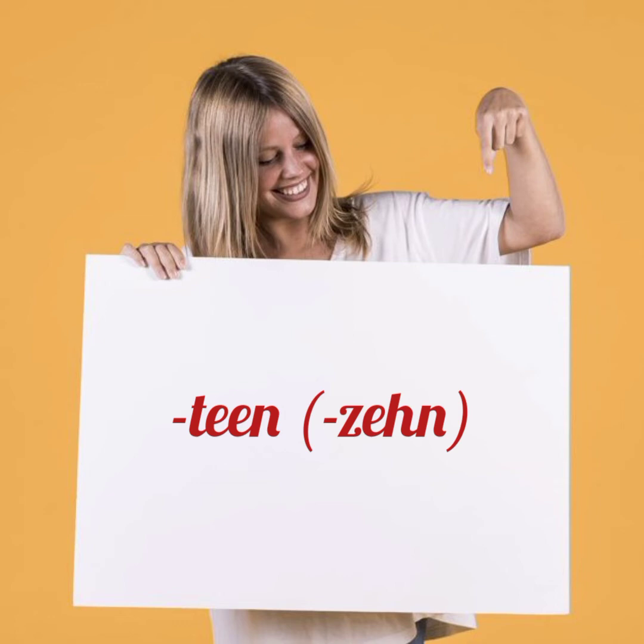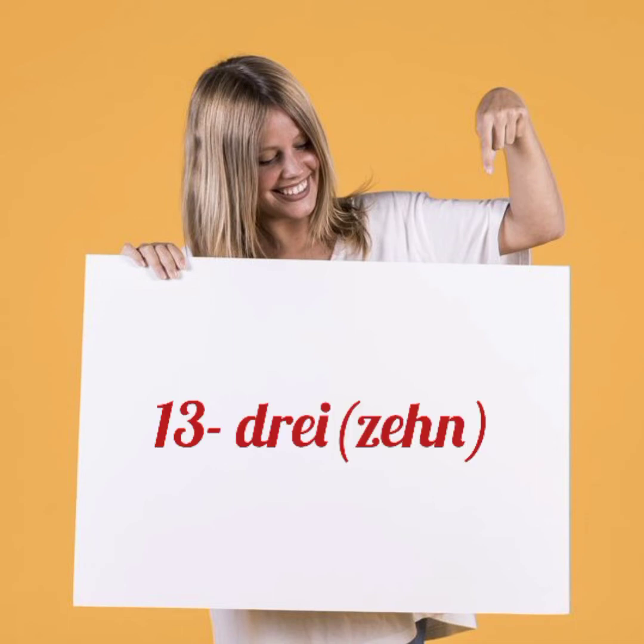So in German, the equivalent to that English teen is number 10, zehn. Zehn is equivalent to the English teen. Maybe you want to say 13. So you'll be saying 13, 14, 15, 16. For example, 13. Remember number 3 was drei. So it becomes dreizehn.